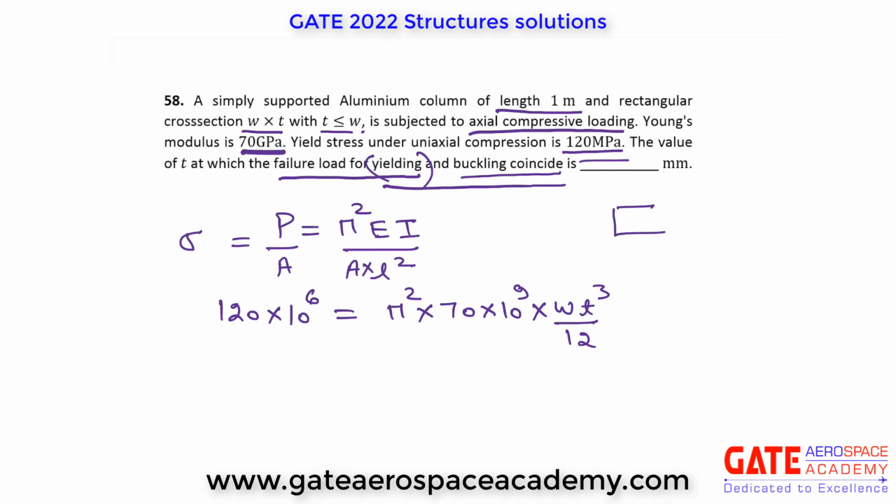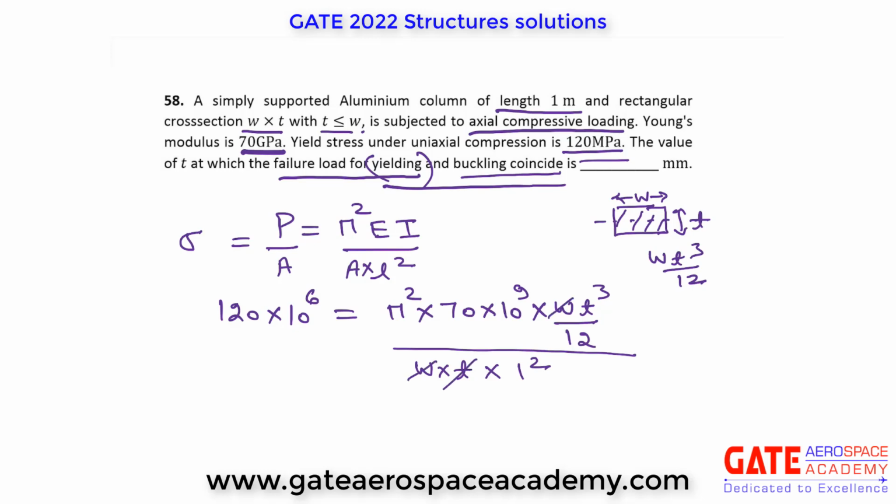Let's say, for example, this is the rectangular cross section and this is W and this is T. So it will be BD cube by 12, that is W T cube by 12, divided by area, that is W into T, into L square. L is 1, correct? W and W will get cancelled out.